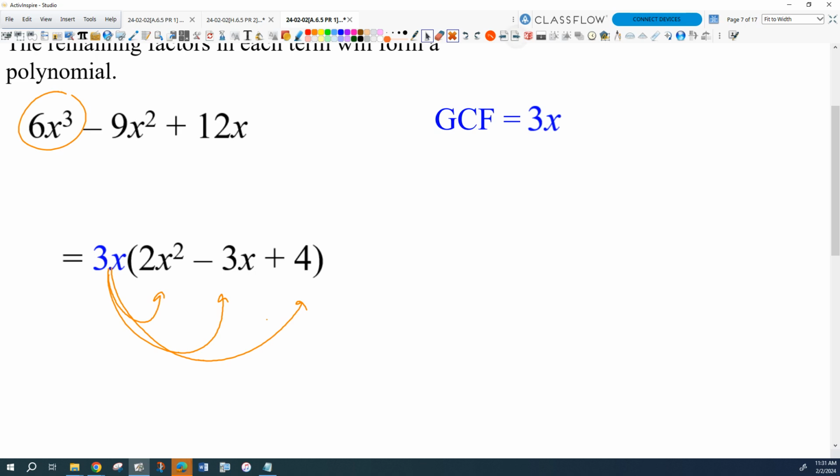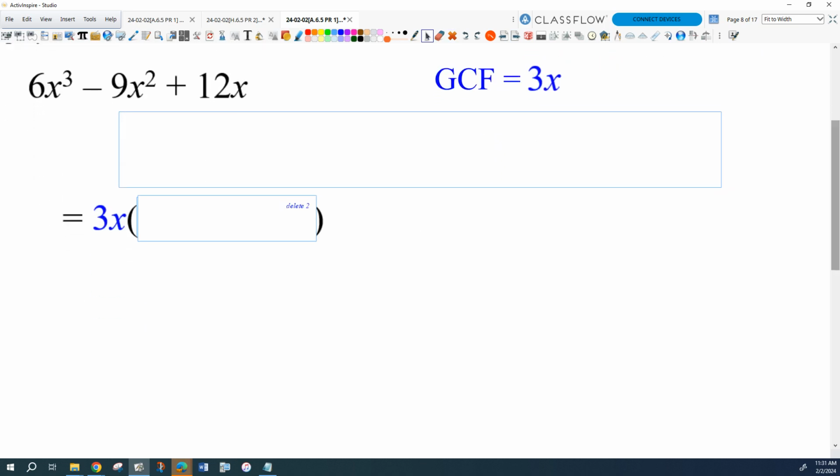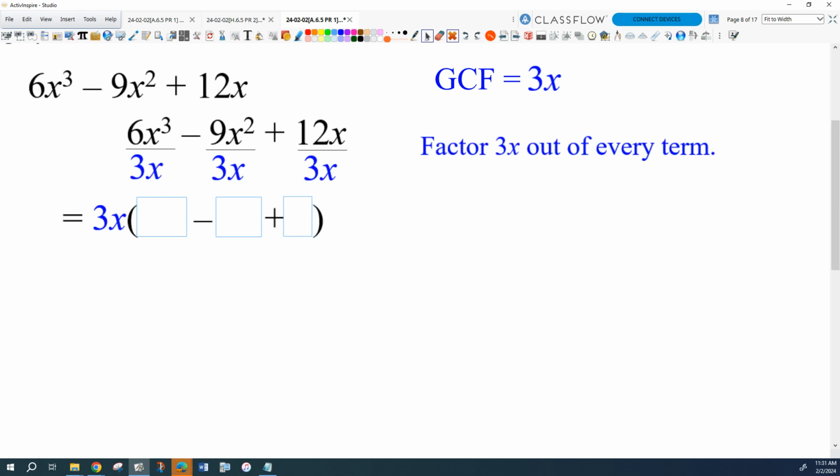Plan B is you take the original GCF, which you found, and to find out what's left behind when I undistribute the 3x, all you have to do is divide each term in the polynomial by the greatest common factor. My GCF was 3x.